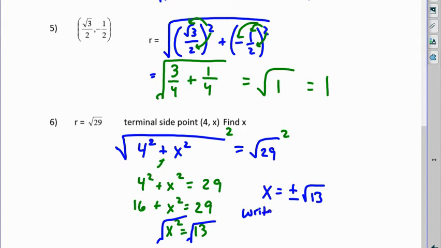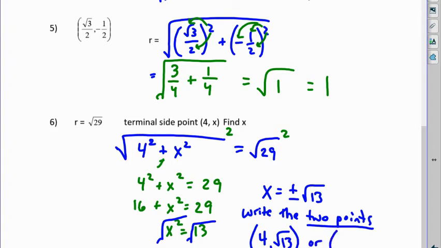Write the 2 points. The first one has an x coordinate of 4, and although I was using x as my unknown, it really was meaning y. So I have 4 comma root 13, that was one of the points, or the other point will be 4 comma negative root 13. That's the other point. So we'd write both of our points, and we do that on the mini quiz.